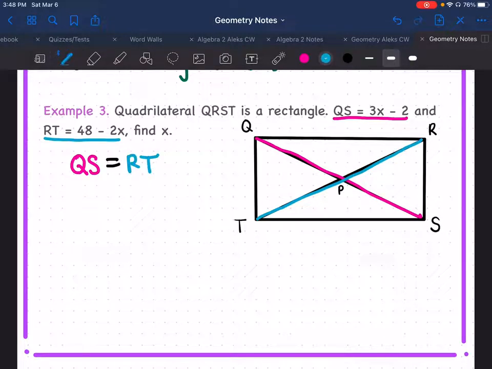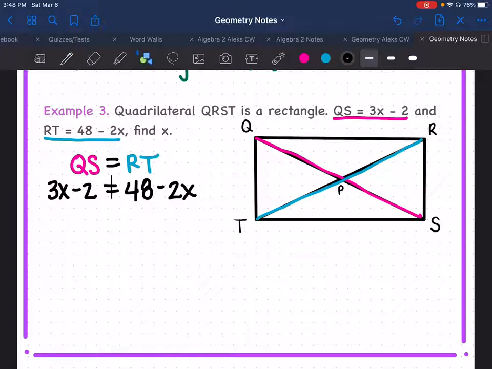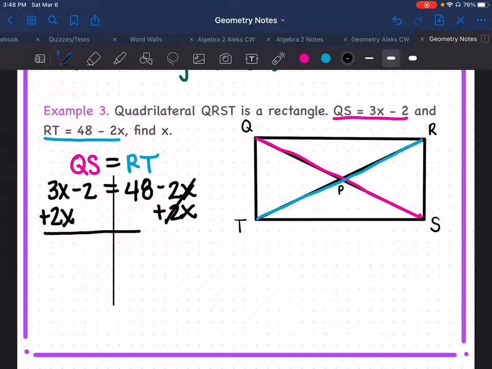We just saw that. So I'm going to say 3x minus 2 equals 48 minus 2x. Draw my line and let's solve for x. Let's add the 2x, which gives me 5x minus 2 equals 48.